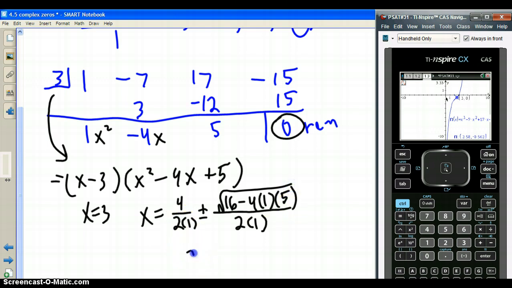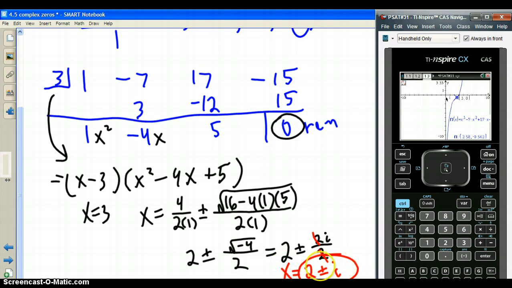Well, 4 over 2 is just 2, plus or minus square root of -4, which is really 2 plus or minus 2i over 2. Of course, the 2's cancel, and you get 2 plus or minus i as your two imaginary solutions, and of course the other solution was 3.